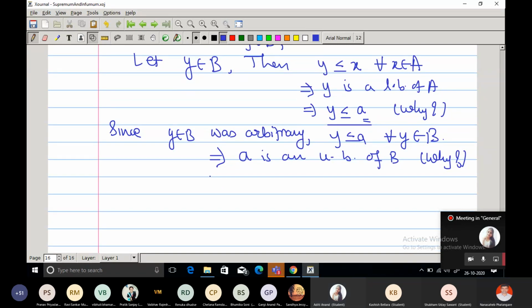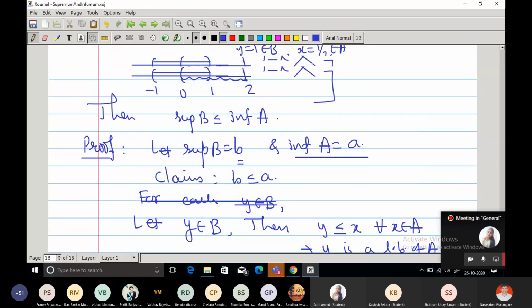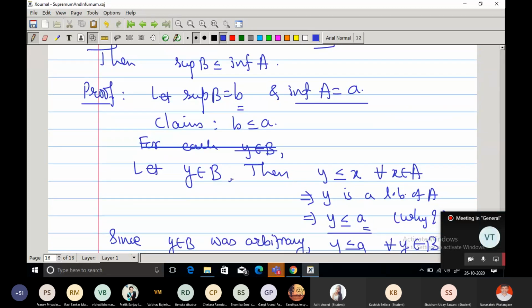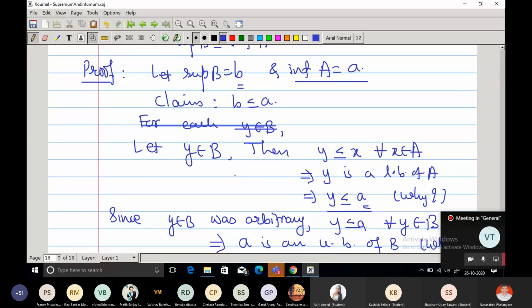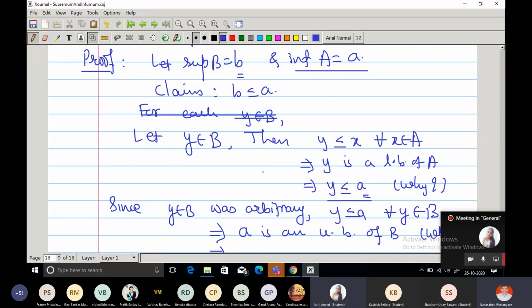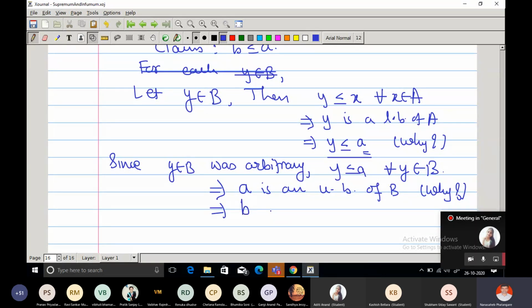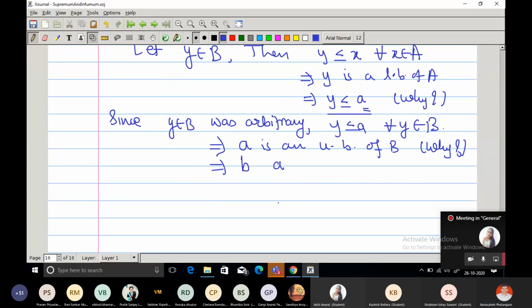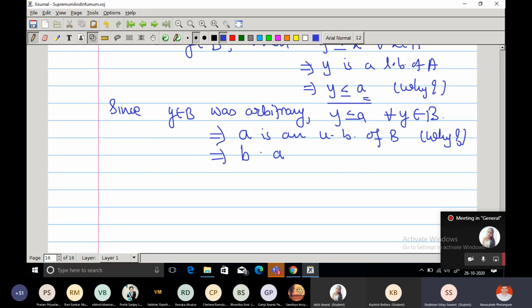But what is the least upper bound of B? It is b. And therefore, what is the relation between b and a? B is less than or equal to a, because a is just an upper bound and b is the least upper bound. Hence, what is the conclusion?